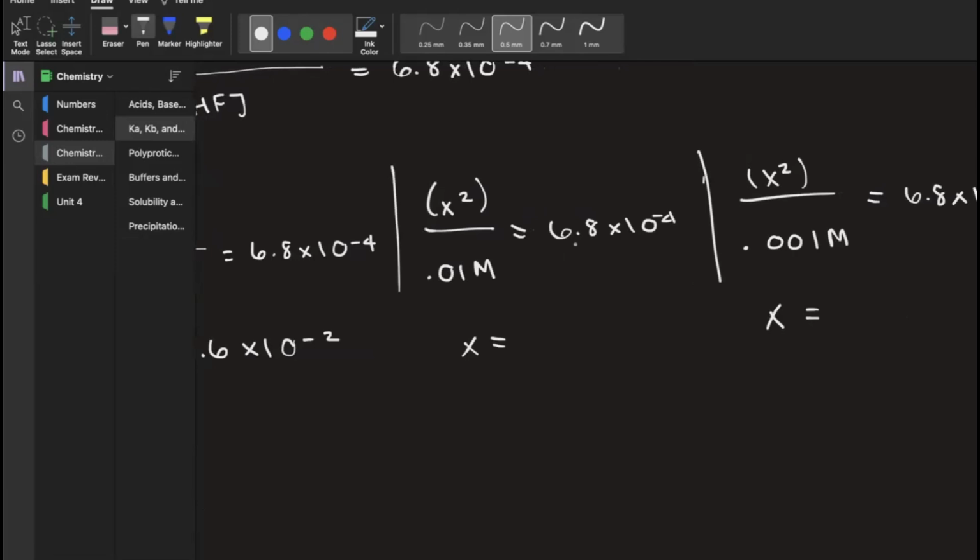So to solve the next one, we do 6.8 times 10 to the negative fourth times 0.01, and then we find the square root of that number, which is going to give us 2.6 times 10 to the negative third.